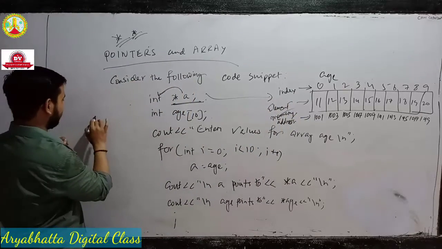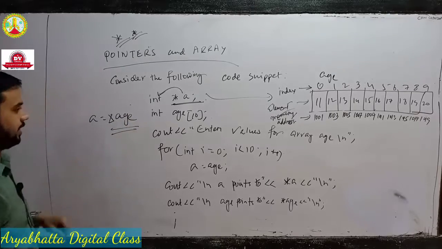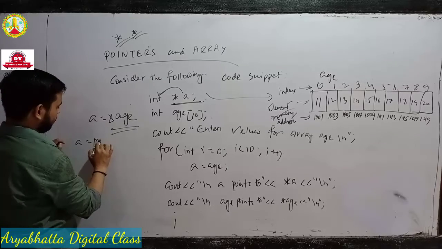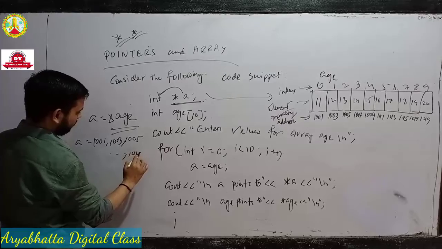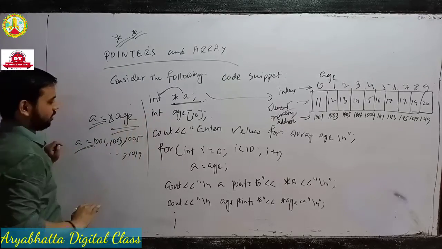Right? Means A is equal to &S. A is equal to &S. Means A stores the memory address 1001, 1003, 1005, like that up to 1019. A stores a memory address.